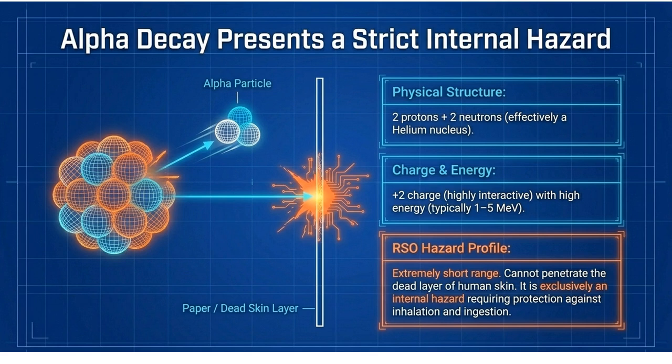Because of its large +2 charge and high energy, typically 1 to 5 mega electron volt, it is highly interactive but has an extremely short range. It cannot penetrate the dead layer of human skin. Therefore, alpha particles are exclusively an internal hazard, requiring protection against inhalation and ingestion.